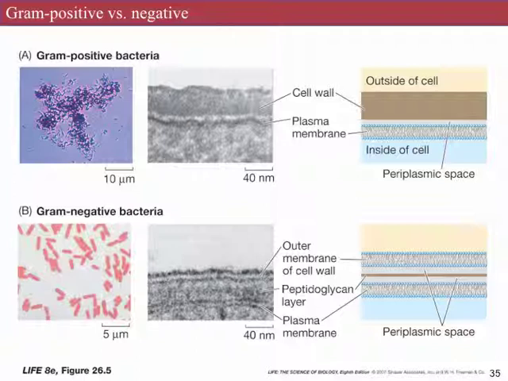Now this turns out to be very important for a variety of antibiotic usages. Many antibiotics target cell wall synthesis, but they work preferentially for either gram-negatives or gram-positives. This difference in the membrane structure, this extra membrane coat on the gram-negatives, affects whether or not certain antibiotics can target them.